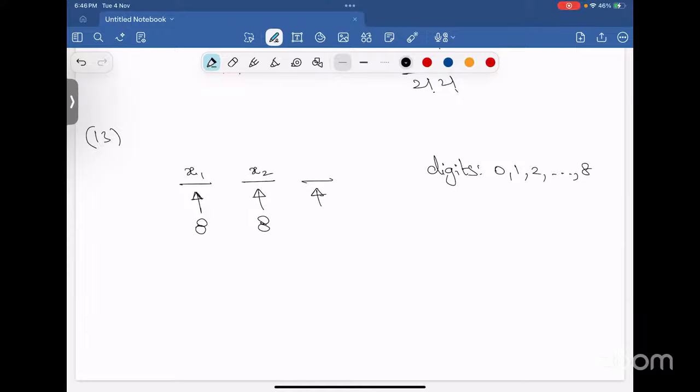And I have used x2 also. Since I have used x1 and x2, I will be left with 7 digits. Now this is 8 into 8 into 7.